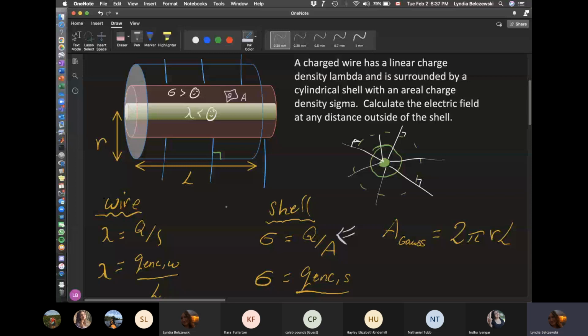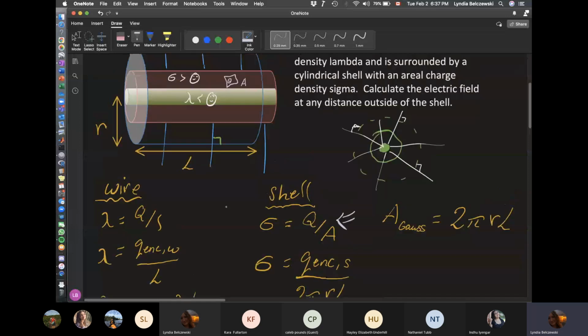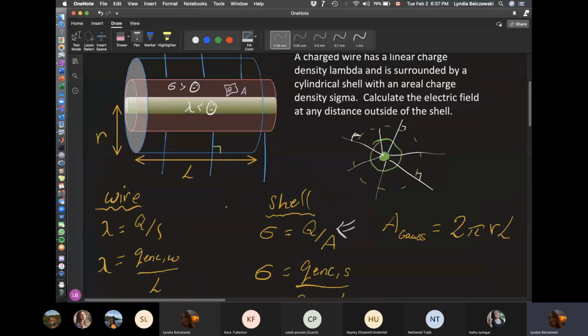What you're saying though, and I think you might be right. Okay, let's go through this. What you're saying is it should actually just be an area on the cylindrical shell itself. Yes, you're right. Thank you for catching that. Everyone here and everyone who watches this after, thank you for catching that.